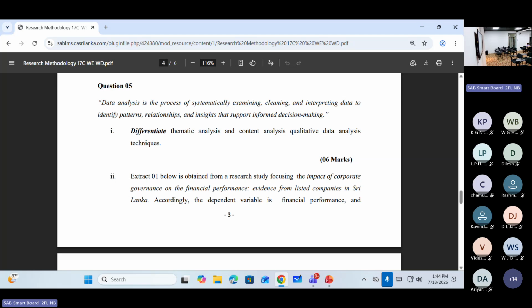What is the other word? Risk management. The risk management word appears 50,000 times.